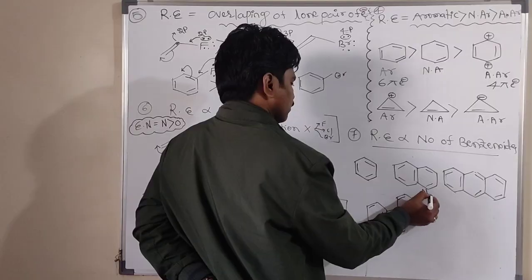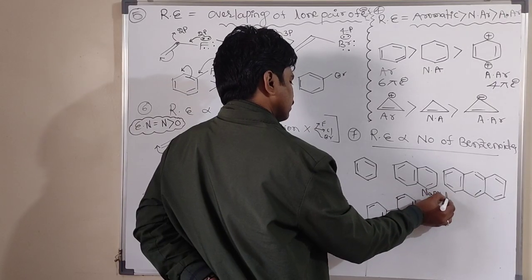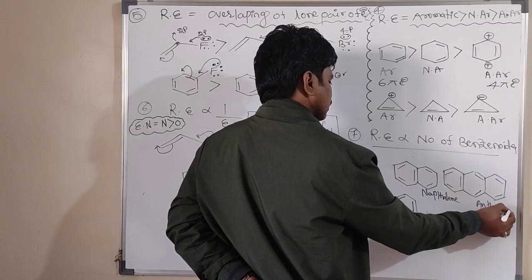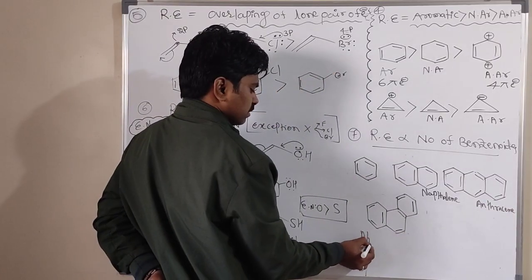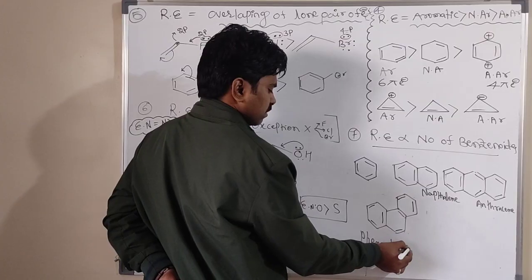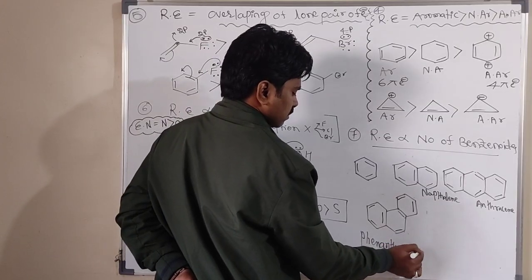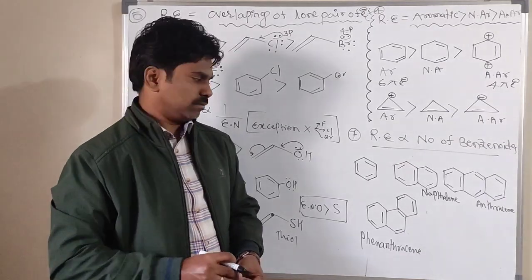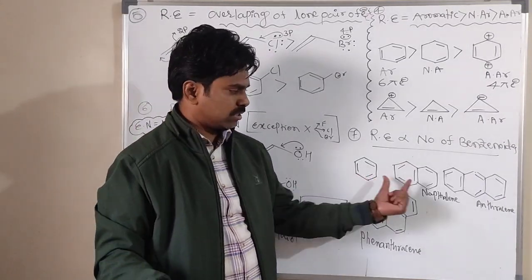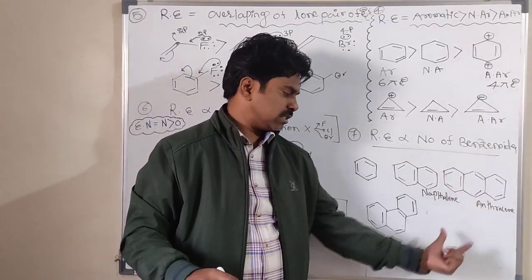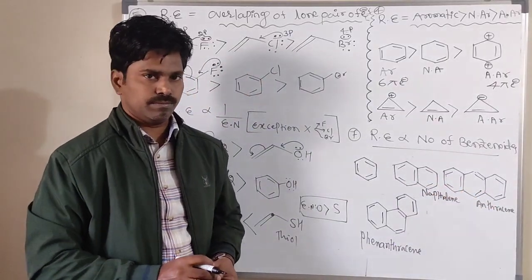Benzene, naphthalene. This is anthracene. This is phenanthracene. So the benzene rings increase compared to the first and second. There are 2 and there are 3, but you see anthracene and phenanthracene are the same.